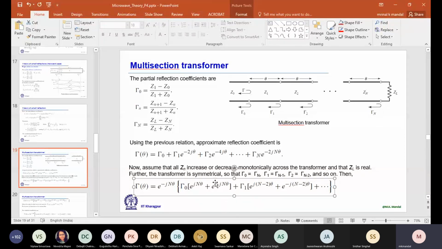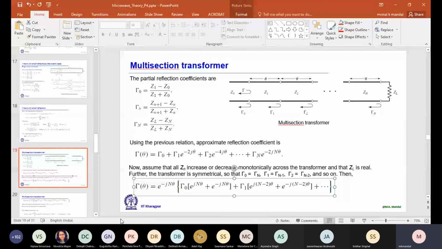What we are trying to do is write the terms in pairs so that we can use the cos theta relationship. You know that e to the power j theta plus e to the power minus j theta, divided by 2, equals cos theta. So we can use this relationship, and that's why we want to express them in pairs.